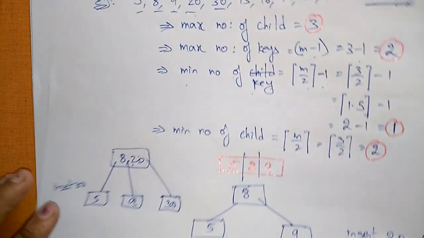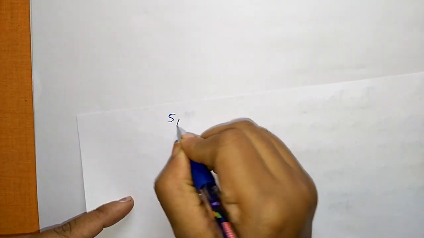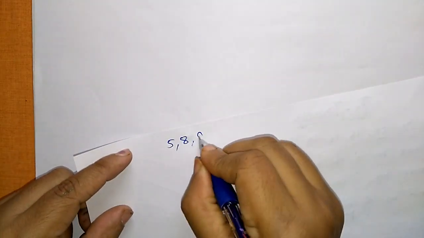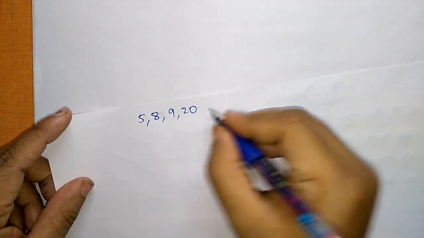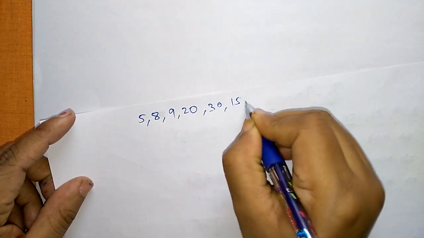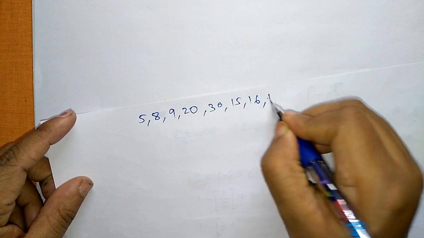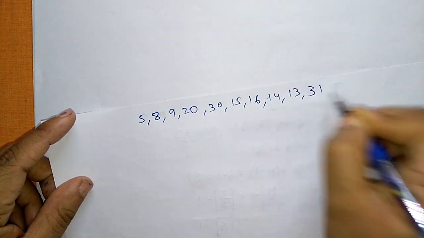Okay, so now just note the numbers, how many numbers we have inserted: 5, 8, 9, 20, 30, 15, 16, 14, 13, 31. So these are all the keys.